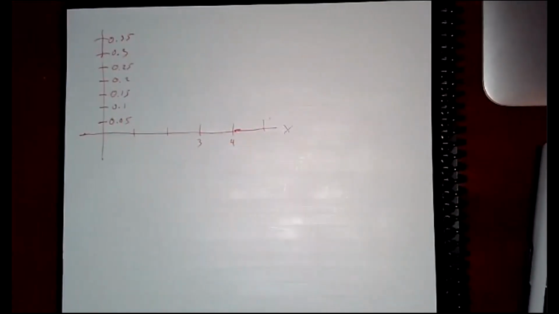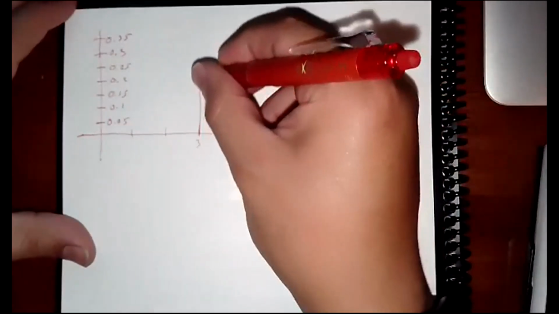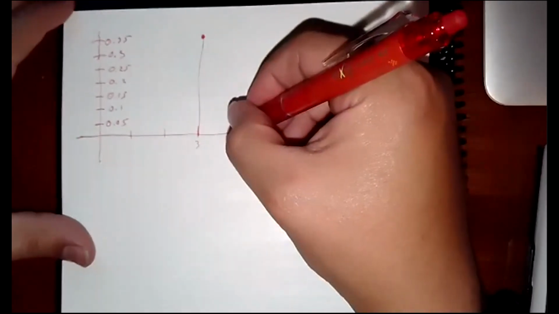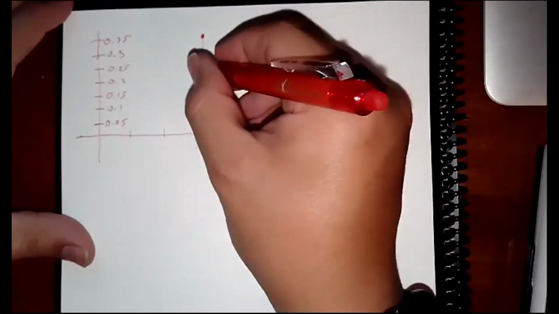So this is 0.35 way up here is what they wrote. And down here is 0.05. All right. This is 0.1, 0.15, 0.2, 0.25, 0.3. And you have a section from here to there. Next one is 0.25 here.